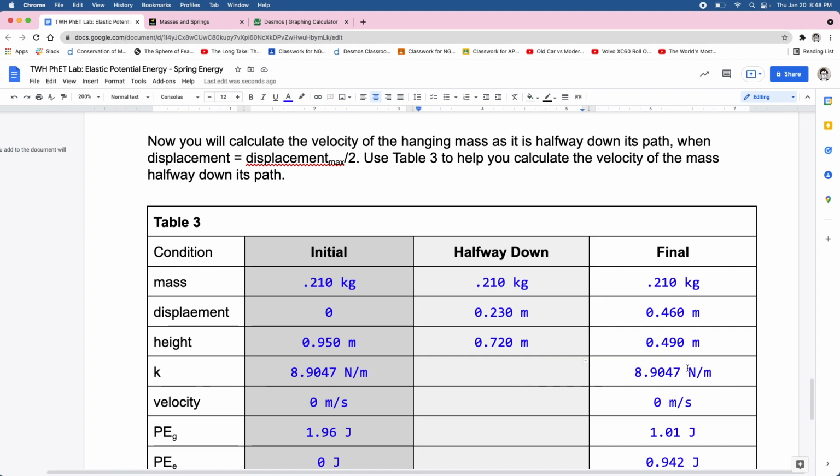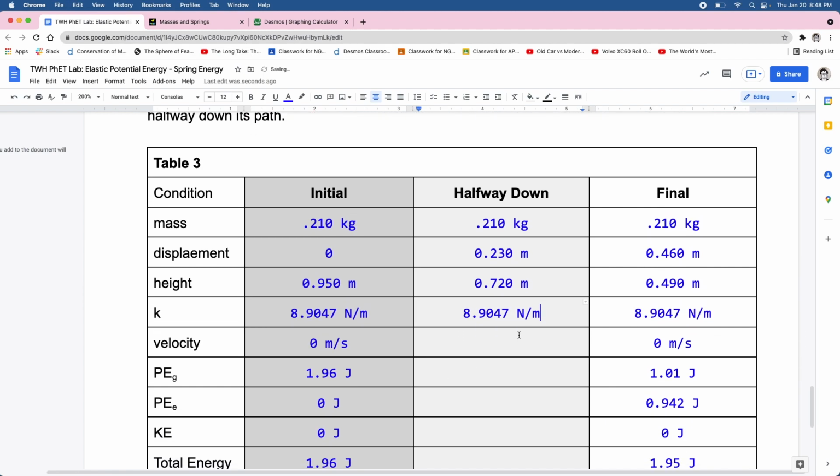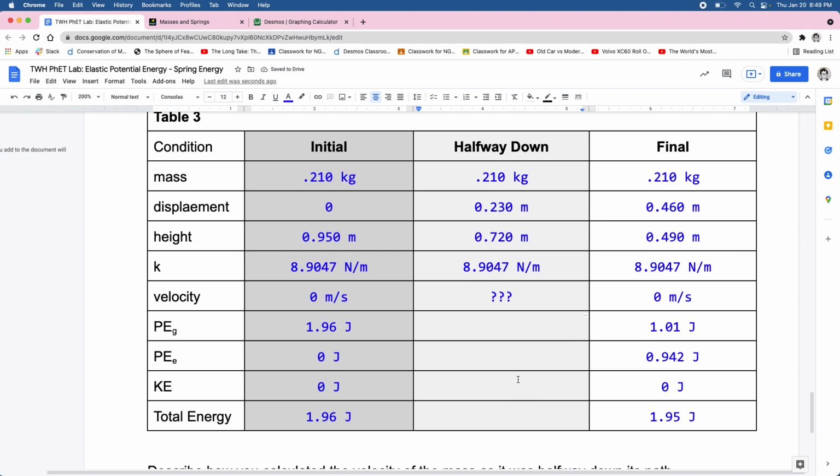My k stays the same. My velocity is a big question mark. We'll come back to this. And now I'm going to calculate my potential energy due to gravity, and I'm going to calculate my elastic potential energy, and I'm going to do this all on the iPad. So let's go over to the iPad.